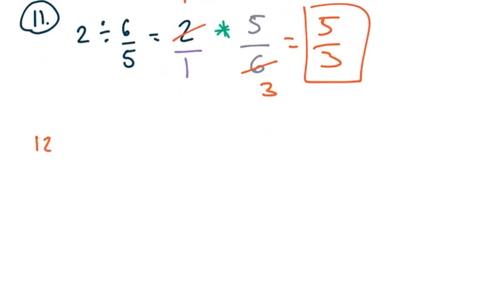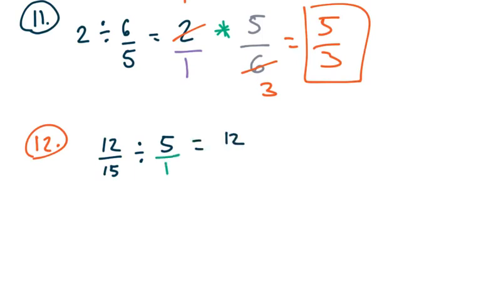Okay. Number 12 has 12 over 15 divided by 5. Don't forget 5 is the same thing as 5 over 1.